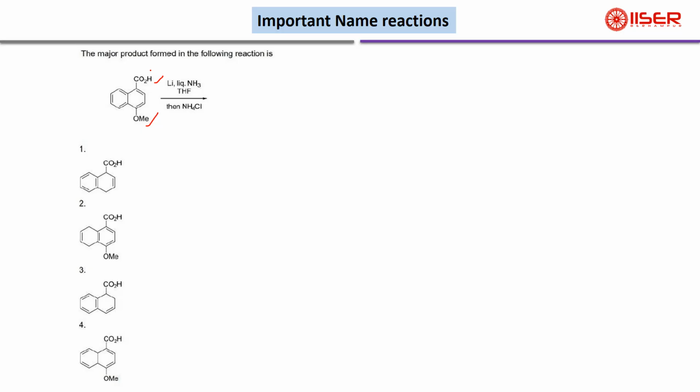If we consider the electron withdrawing group, because in Birch reduction there is a donation of electron to the ring, as CO2H is the electron withdrawing group, its effect is higher than that of the OMe. Because of that, it will donate an electron to this center and give us a product like this.